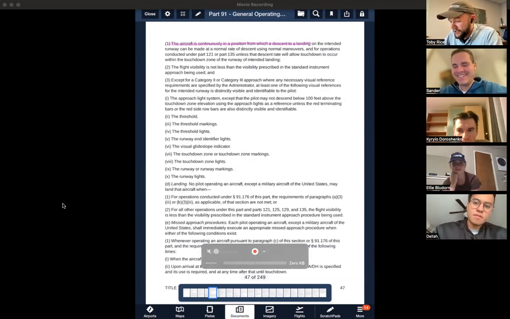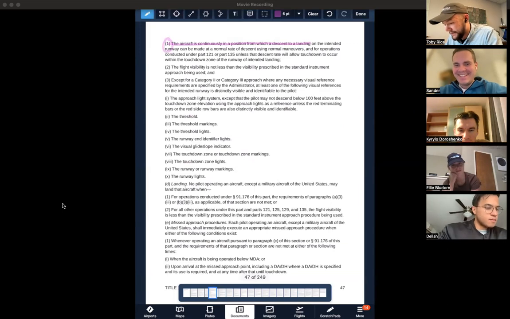Continuous position to land, so it must be a stable approach. The second thing is that the flight visibility has to be no less than the visibility for the approach. Cool. This here has to do with category 2 and 3, which we're not worried about.